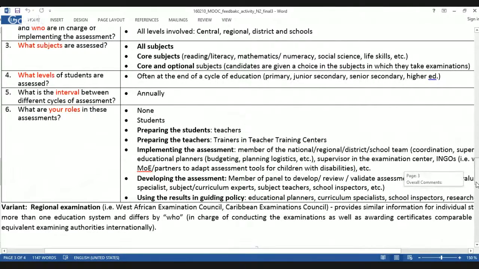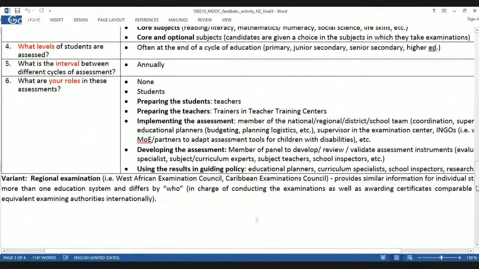And some participants also mentioned regional examinations that are done at regional level by an established council. So they are in charge of conducting the examination as well as certification.